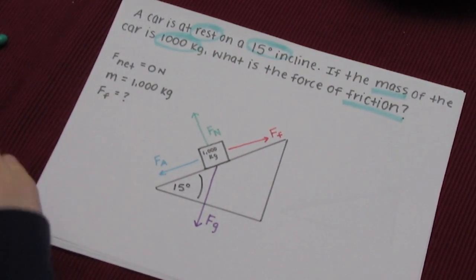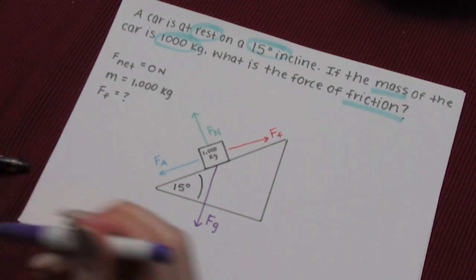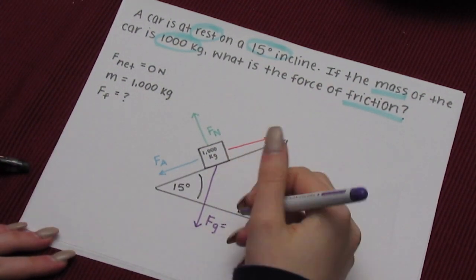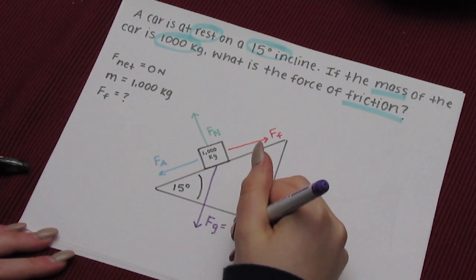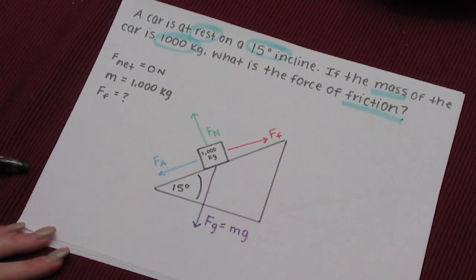Now, to figure out the force of gravity, it equals the mass times the acceleration due to gravity.